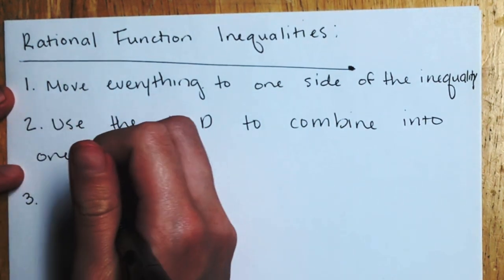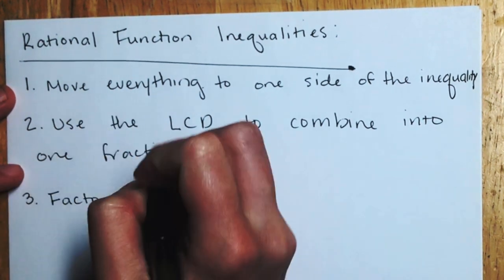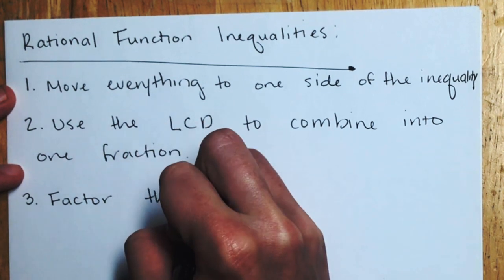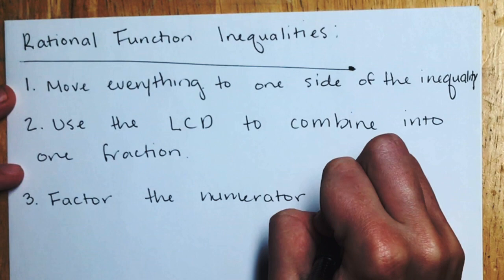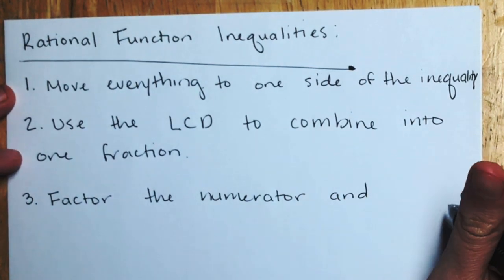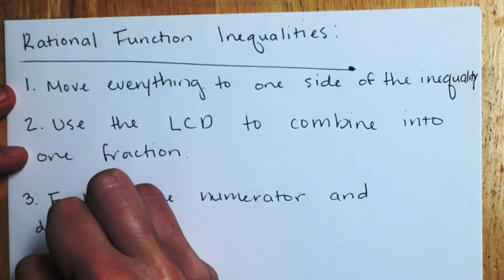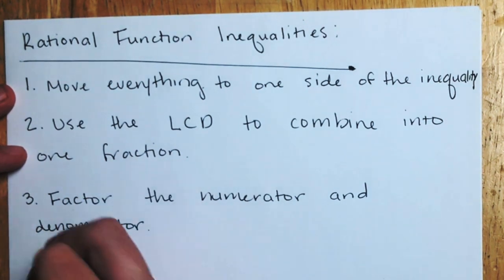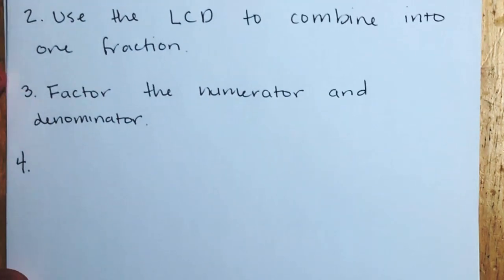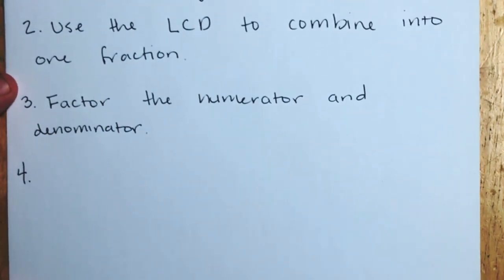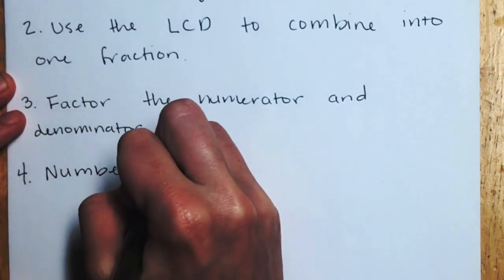Three, we want to factor both the numerator and denominator. Four, this is where the familiar part comes in, so that's kind of just getting us all set up. Number line.